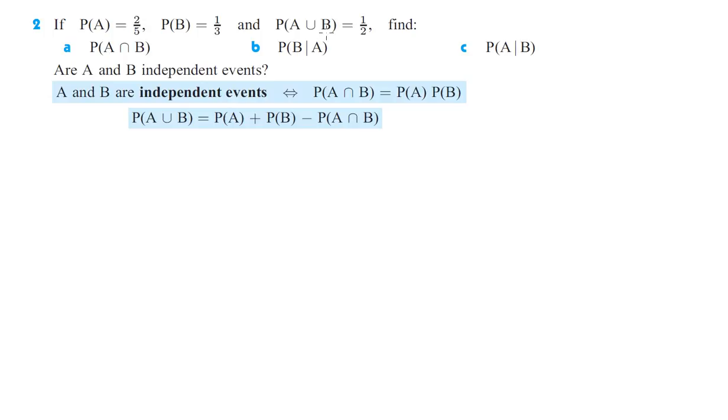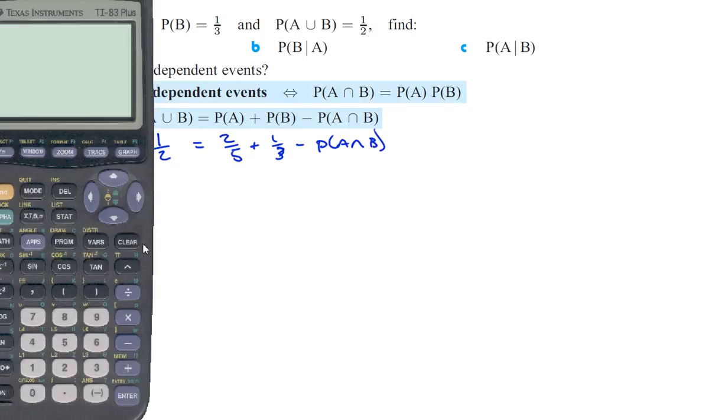So A union B we already know is 1/2. Okay, the probability of A is 2/5. The probability of B is 1/3. And then that's going to be minus the probability of A intersect B. So we'll just figure out what this here equals.